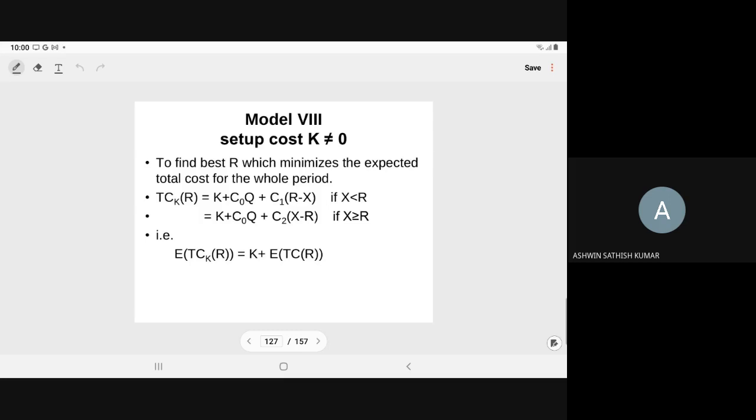Till now we have studied Model 7. It is a probabilistic model having instantaneous demand for a short period. In continuation of that, we have Model 8.